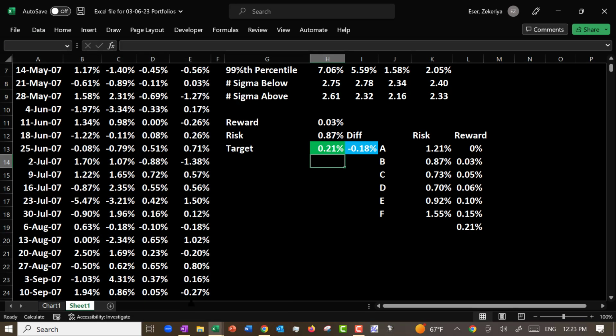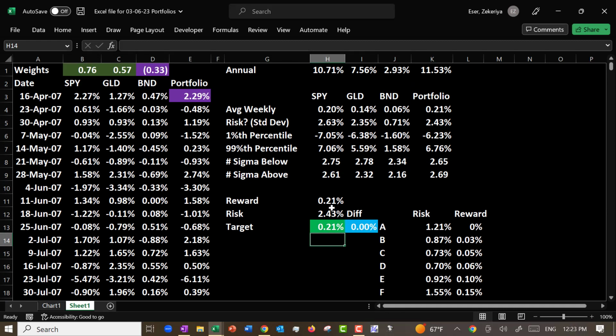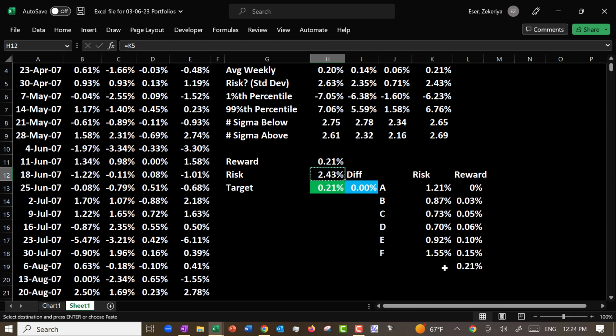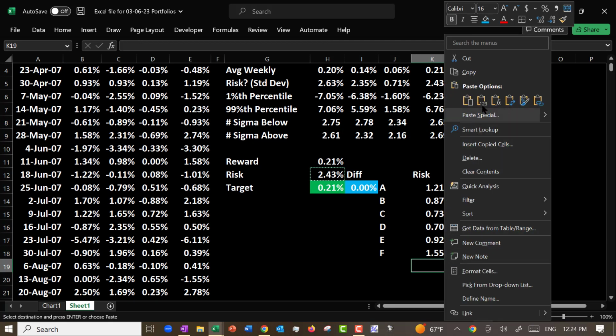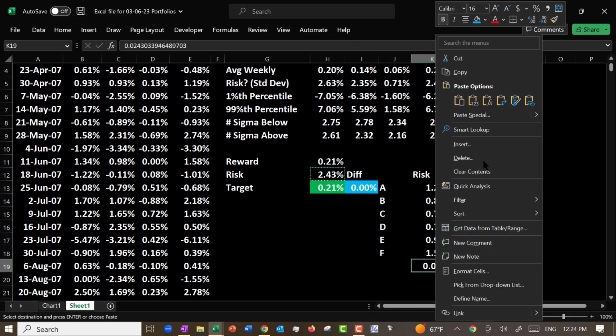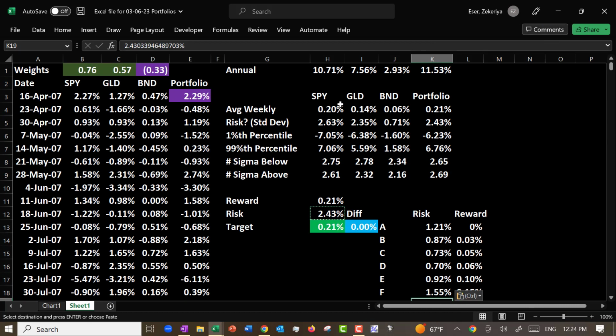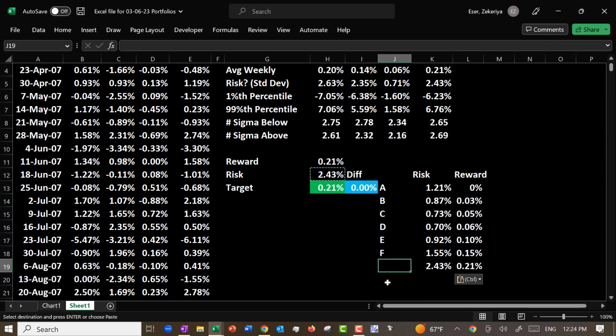Now let's compare this portfolio G with the S&P 500. Portfolio G has a higher average return than the S&P 500, correct? And it turns out it also has a lower risk than the S&P 500. So the S&P 500 portfolio by definition is inefficient.